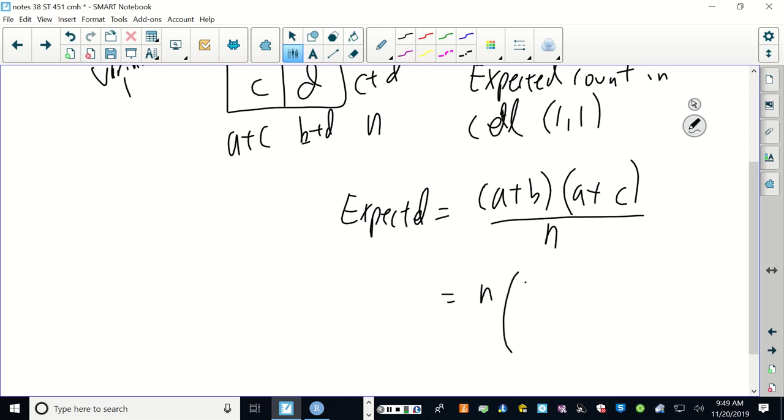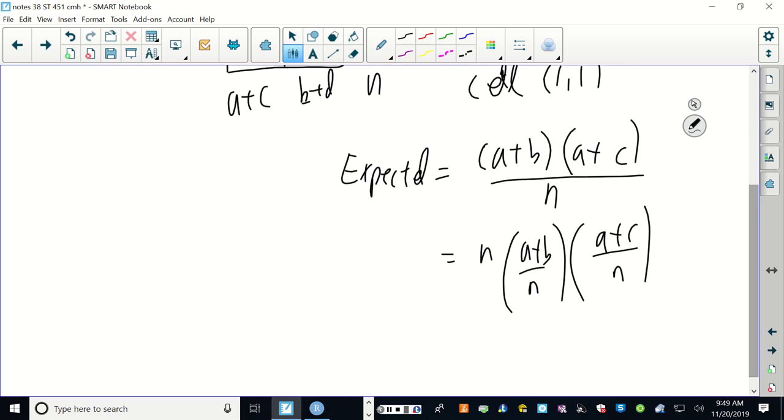Well, if you write it this way, you see that it's the proportion in the first row times the proportion in the first column times the overall sample size, and one of these you just cancel. So independence means you multiply probabilities together, and that's what we would get.